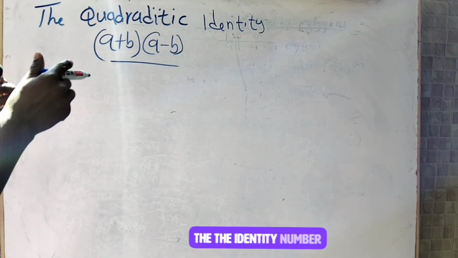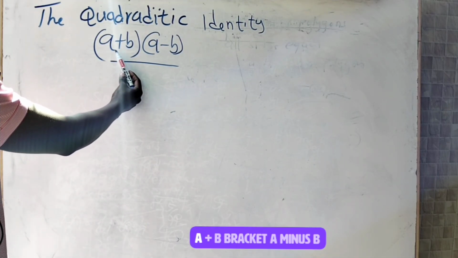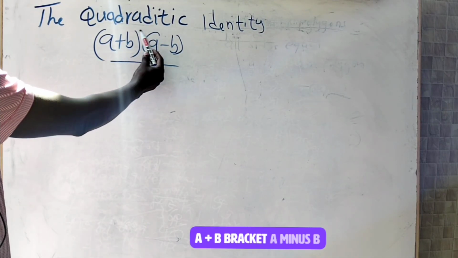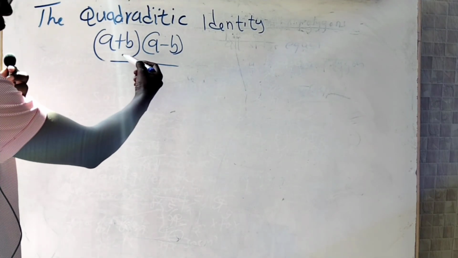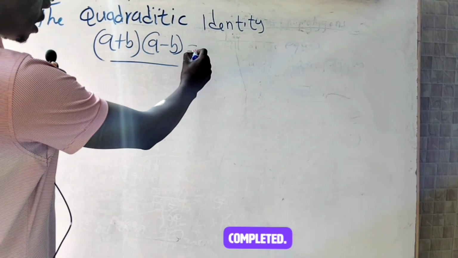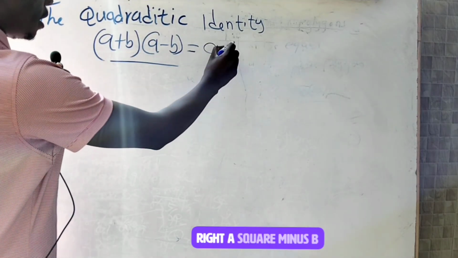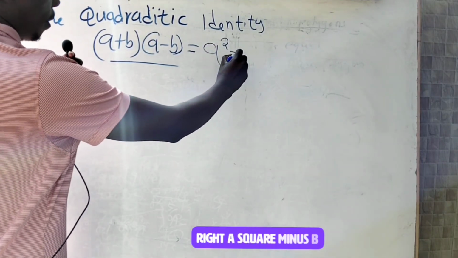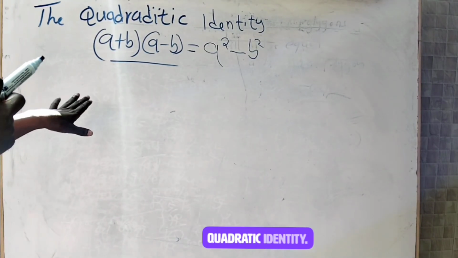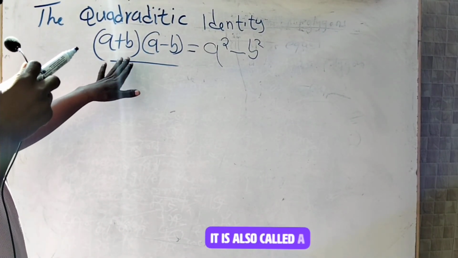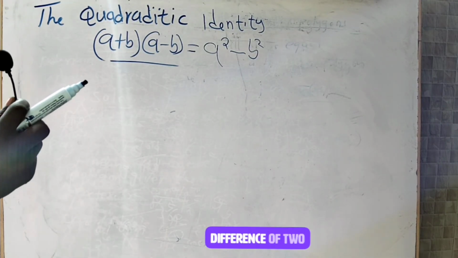Identity number 3 is not complete, you have to complete it. a plus b bracket a minus b bracket equals a square minus b square. That is the third quadratic identity. It is also called a difference of two squares.